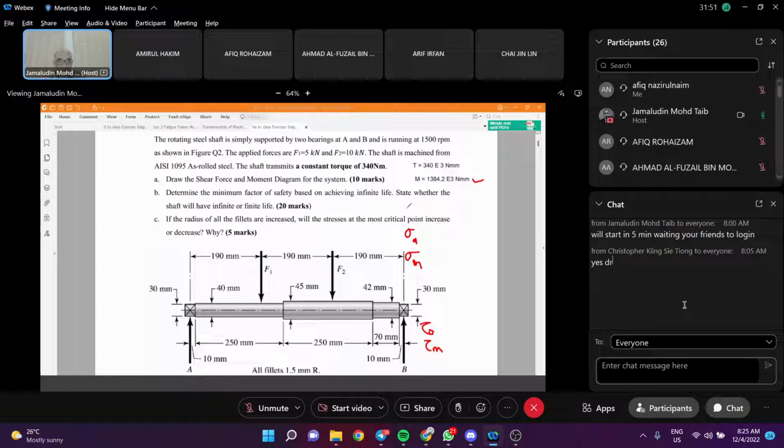Okay, can somebody just write on the chat? Please, somebody? Sigma alternating. Okay, right. That means this will be equal to sigma alternating.